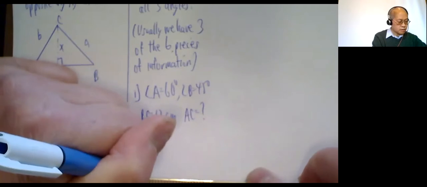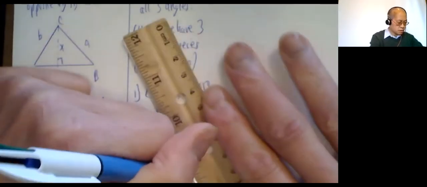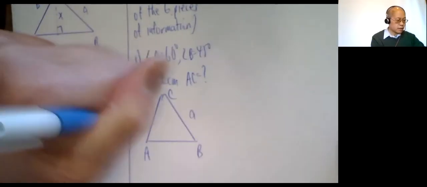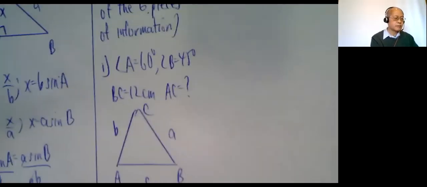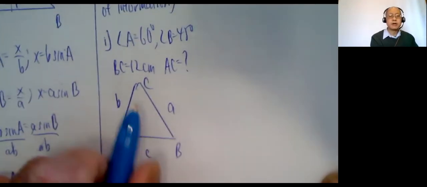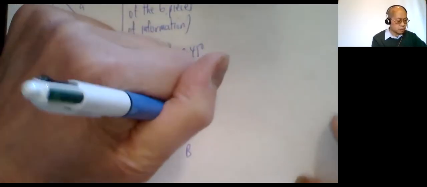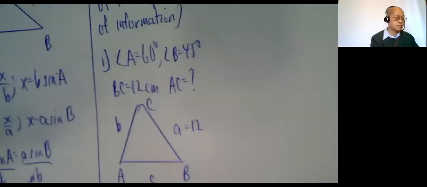All right, so let me just draw a triangle. Okay, I like to go A, B, C. Once I do that, this has to be little a, little b, little c. All right, so let's put down stuff. BC, that's little a, is 12 centimeters. Angle A is 60 degrees.